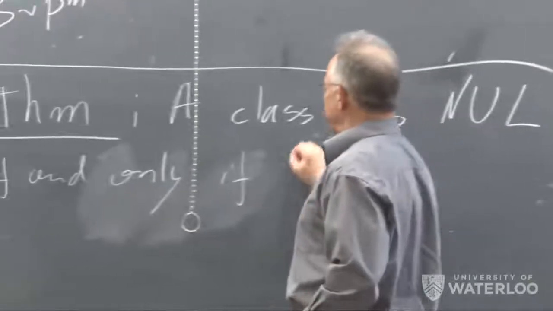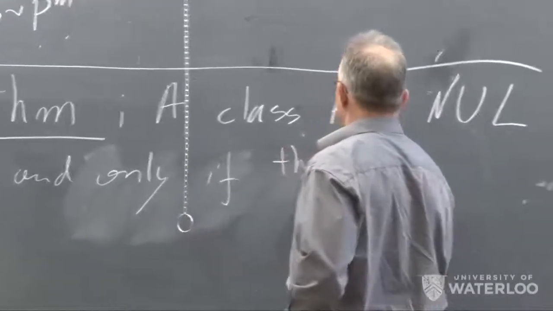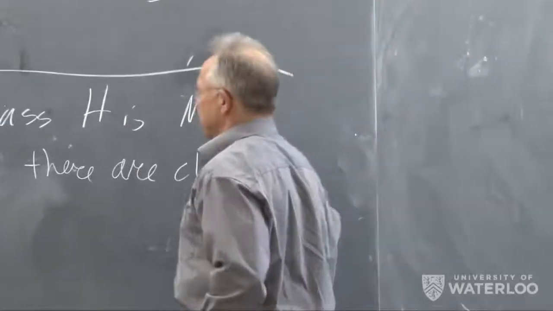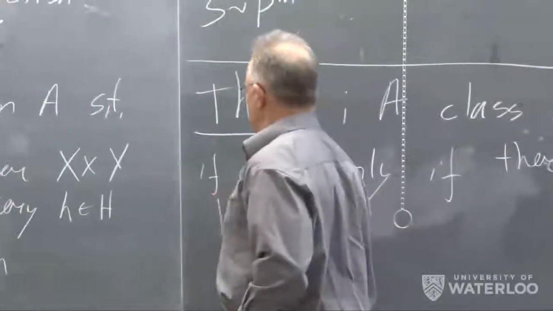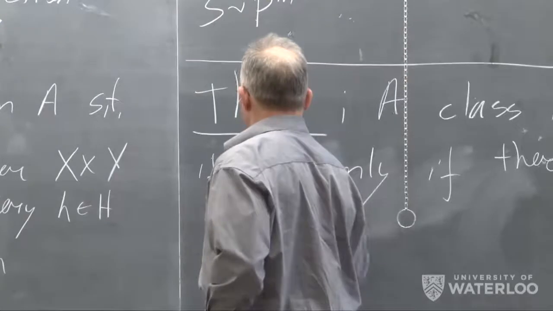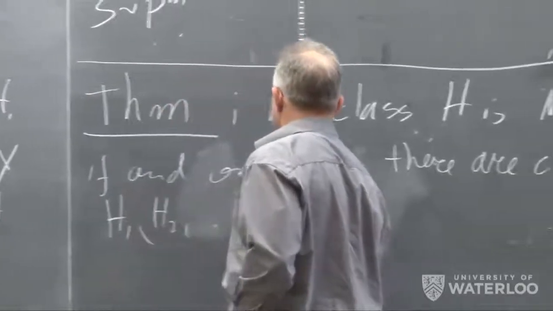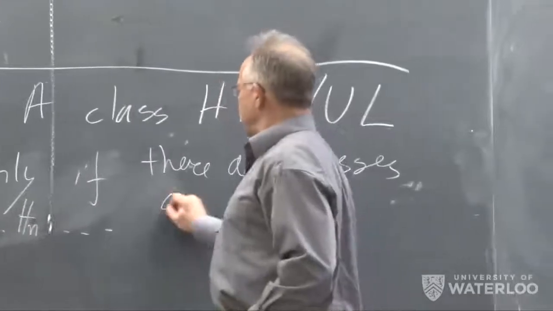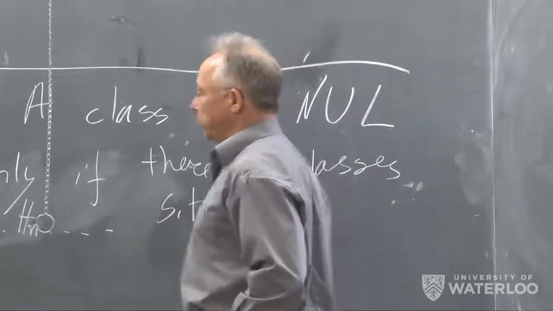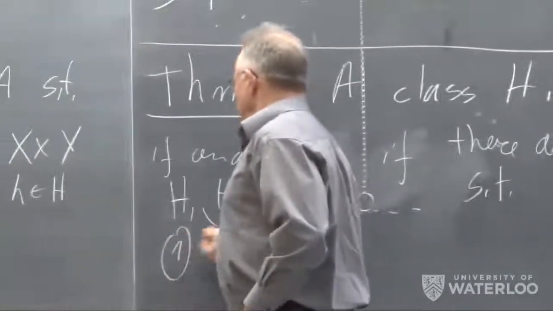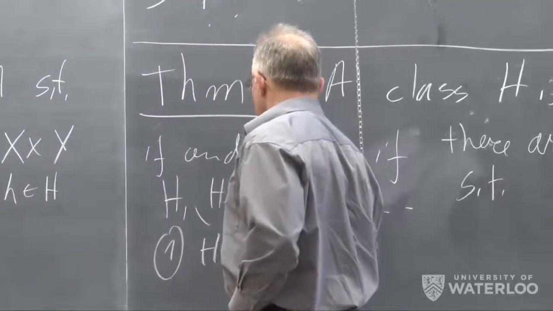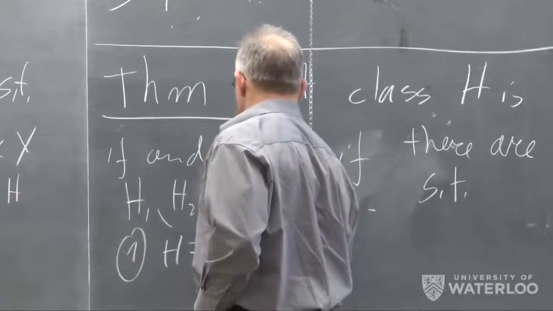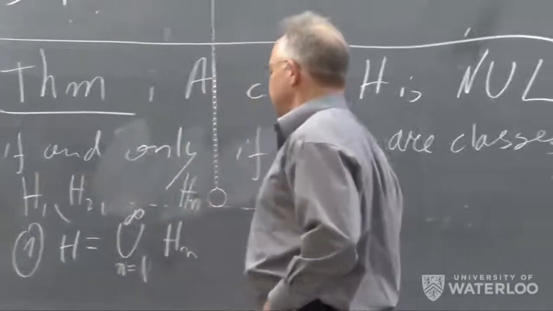So if and only if there are classes H1, H2, so on, Hn for every n, such that we have two requirements. One, H is the union, n goes from 1 to infinity, of all those classes.